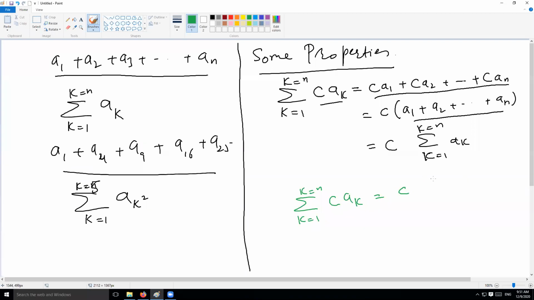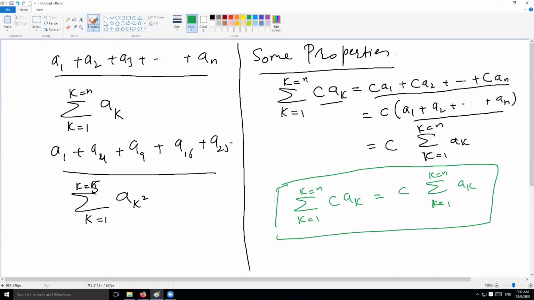So in a sum, if you have a constant multiplied with each term, then you can pull this constant out of the entire sum.